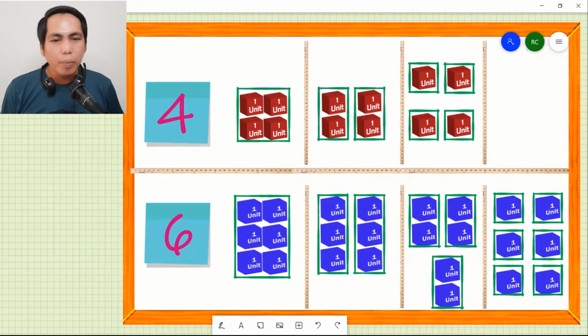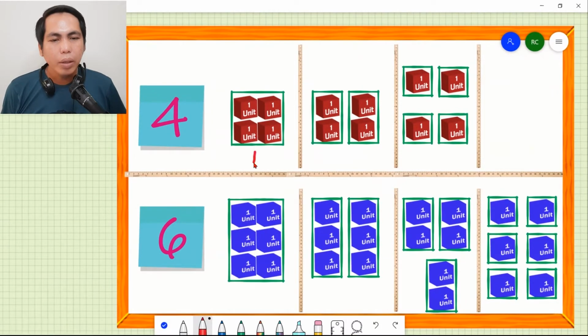We can group 4 into one group with all the 4 units in the group. Aside from one group, we can also group 4 into 2 equal groups with 2 units per group. And finally, we can also group 4 into 4 groups with 1 unit in each group.